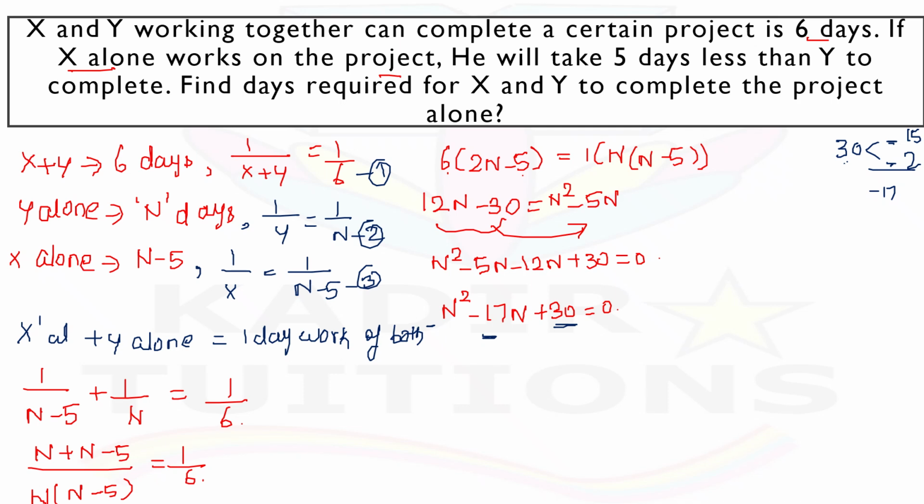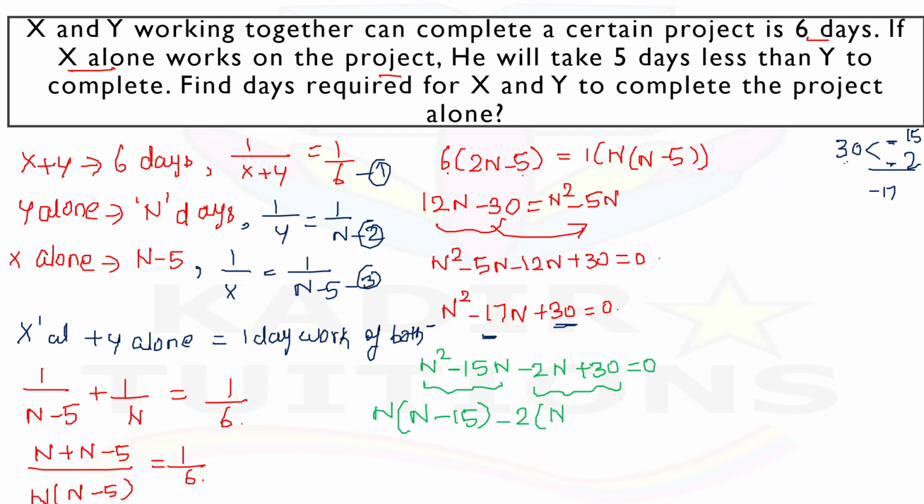So n square minus 17n has been split into minus 15n and minus 2n plus 30 equal to 0. Now we are going to group these terms. I can group the first two terms: n is common, so the remaining is n minus 15. In the third and fourth terms, 2 is common; we take minus 2 so that it matches with n minus 15.